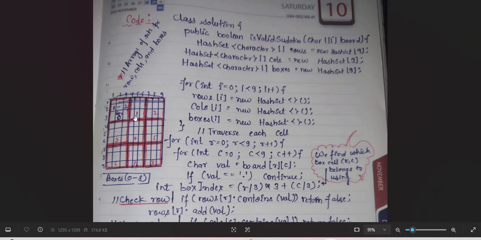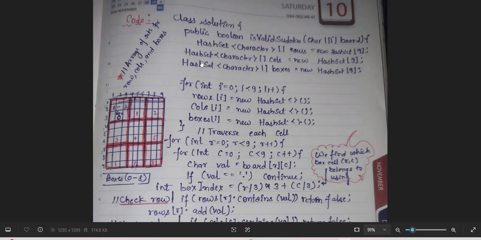Based on that we have to check the row, column and boxes. Basically I'm using a hash set to check whether there is any duplicacy in a given column, row and 3 cross 3 box. So here we go.